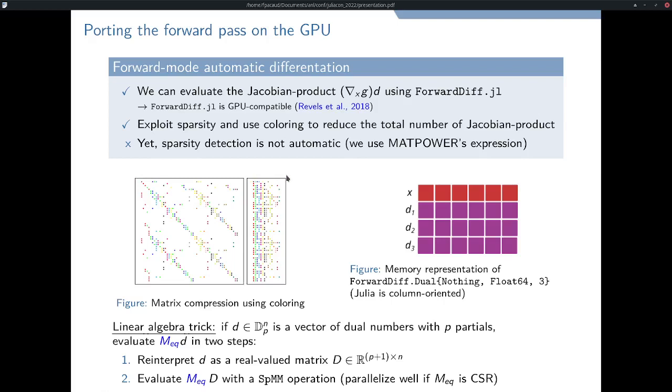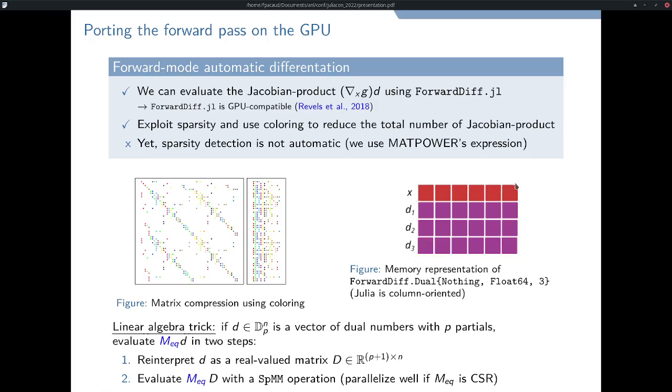with some optimal coloring algorithm to reduce the total number of Jacobian vector products we need to evaluate the full Jacobian. And then we generate a vector of dual numbers with p different partials vector. So here p equals 3.